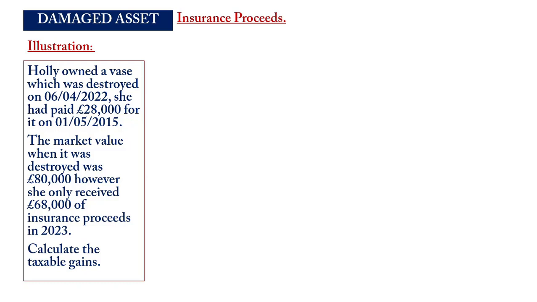Okay. So the asset was destroyed, so she didn't sell it. There was a gain that came from the insurance, so we'll use the insurance proceeds, which is £68,000. Here we are not going to use the market value of the asset. It is the proceeds that we actually received from the insurance company that will be used. Then we take away the cost of the asset, which is £28,000.